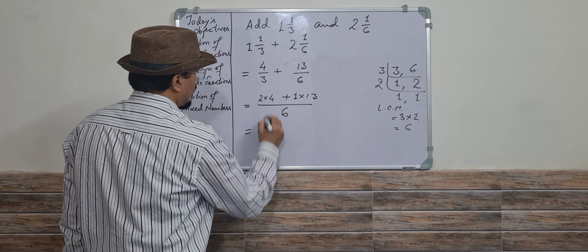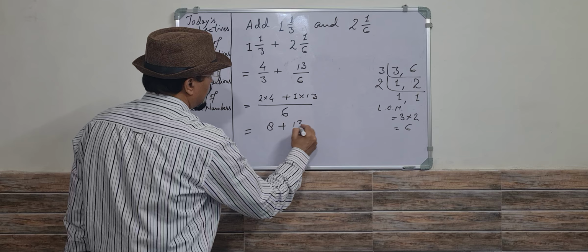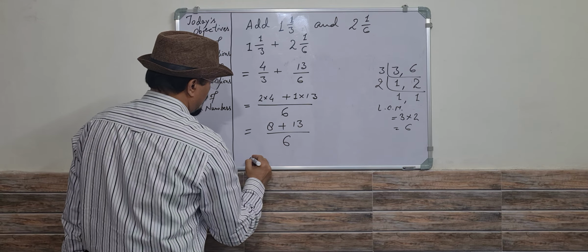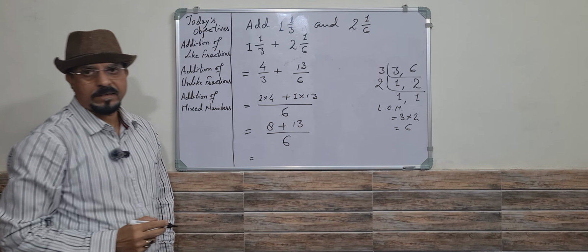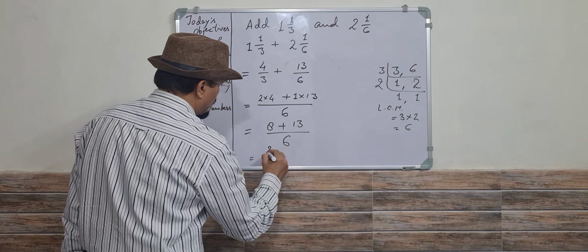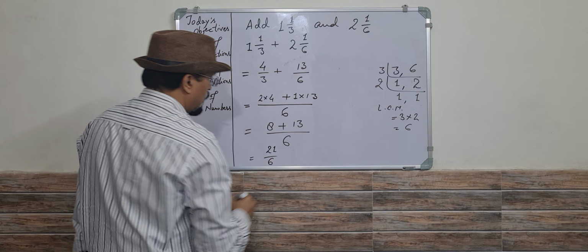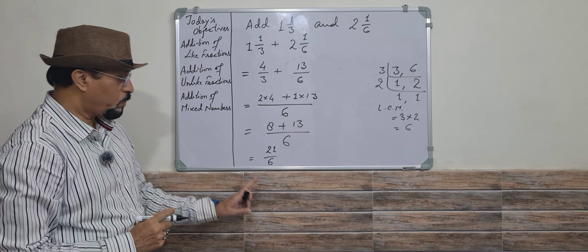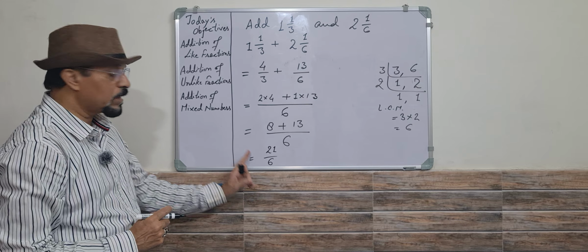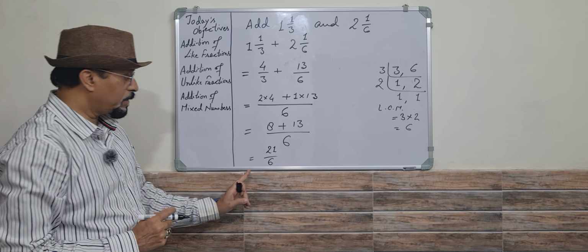So you get 8 plus 13 upon 6. 13 plus 8 is 21 upon 6. Now this is an improper fraction. To give the final answer, you need to convert it into a mixed number.